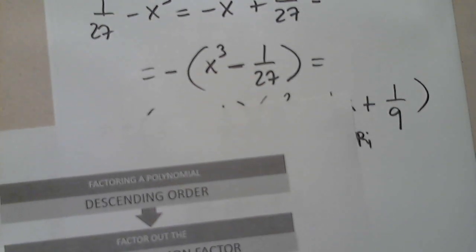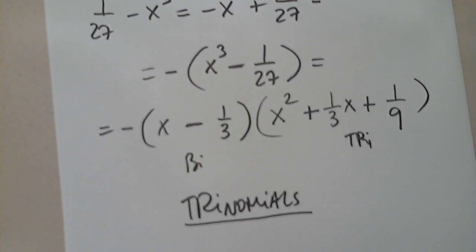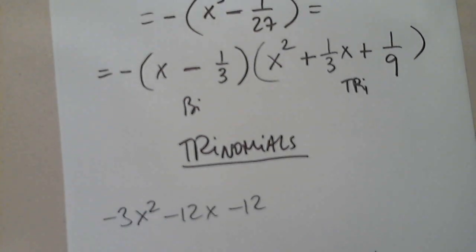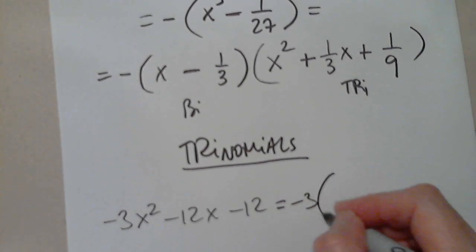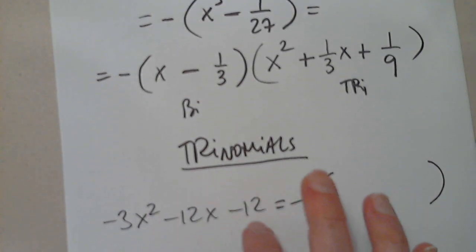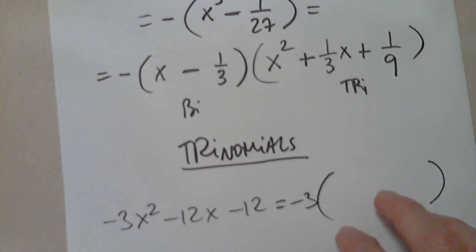These can be in one step. Greatest common factor and negative leading coefficient. -3. Excellent. What is left in parentheses? Remember, we have three terms. We have to write three terms inside. So what do we have left in there?